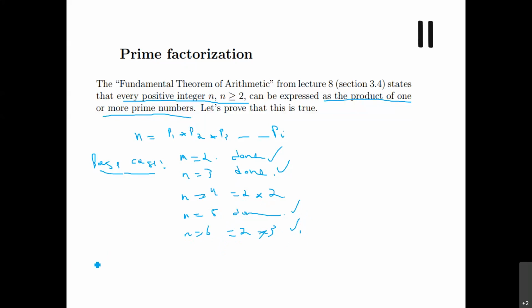Okay, you can pause here and try to think of it. So inductive hypothesis: assume P of n is true up to n. Let's now do P of n plus 1.